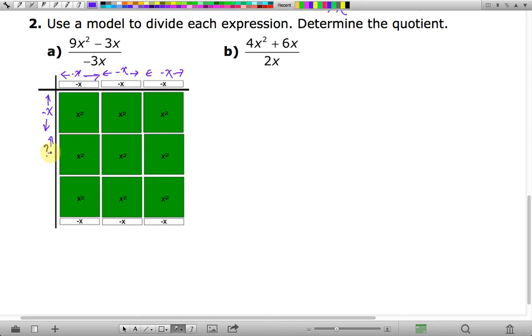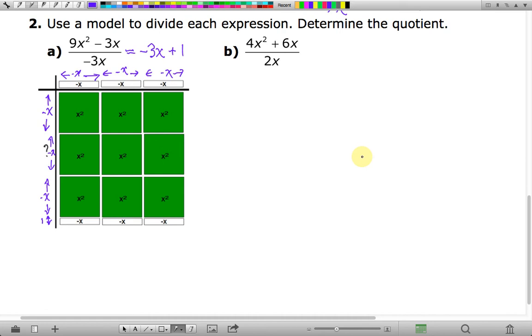So likewise, we're going to need another negative x here, and we're going to need another negative x here. So the only thing that remains is to figure out what goes right in the bottom spot here. So it's negative x times 1 that will give you negative x. So if we put all that together, it's 3x, negative 3x, and then plus 1.